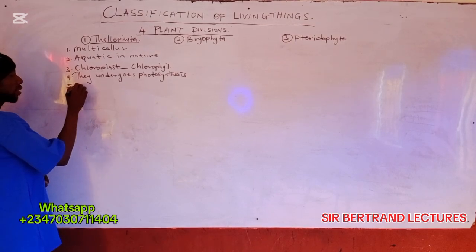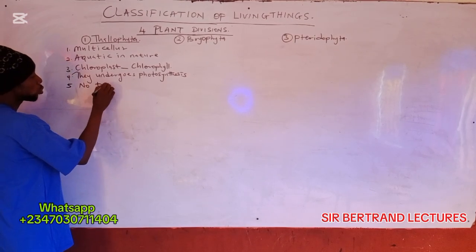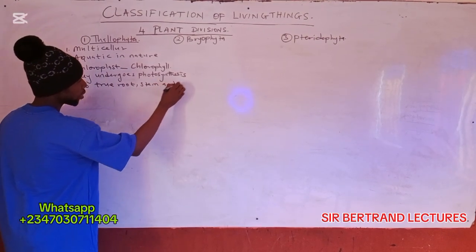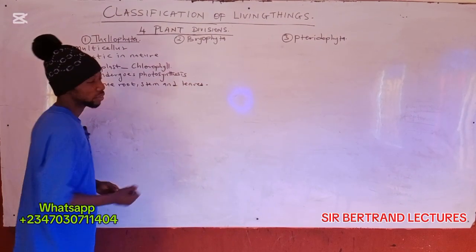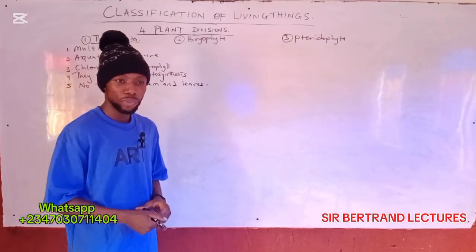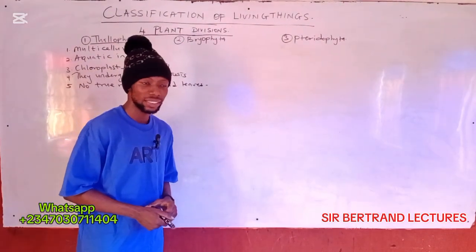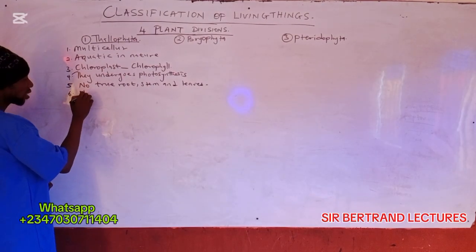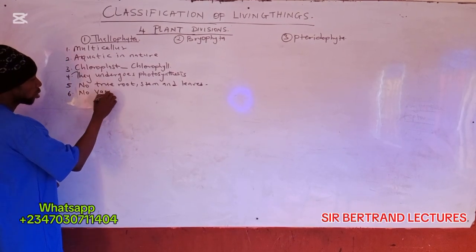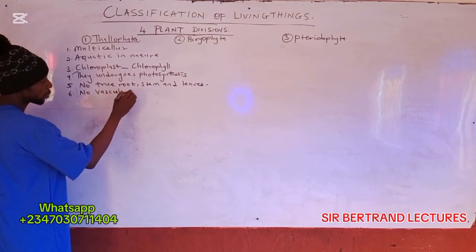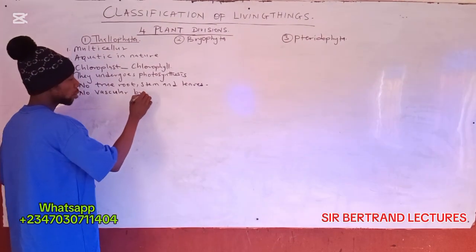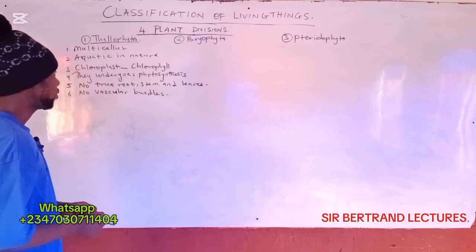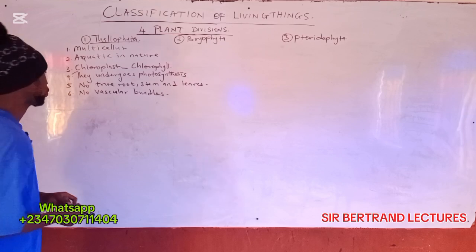Number five, there are no true roots, stem, and leaves. Number six, Thallophytas have no vascular bundles. They don't possess vascular bundles.